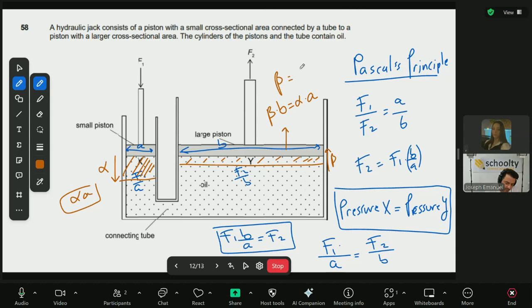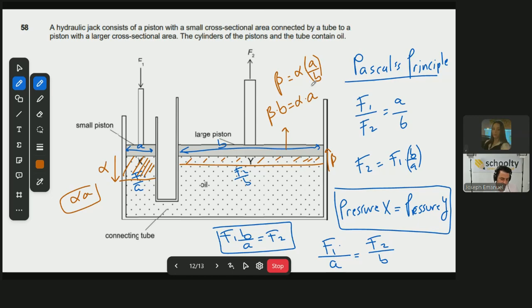So actually beta is alpha multiplied by a divided by b. Yes, it's true that we push easier to lift up the car, but if the proportions are 1 to 5, it's 5 times easier to push, but you need to push 5 times to have the same height of what you lifted.